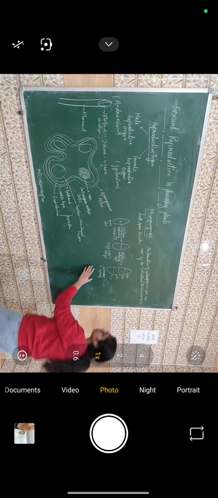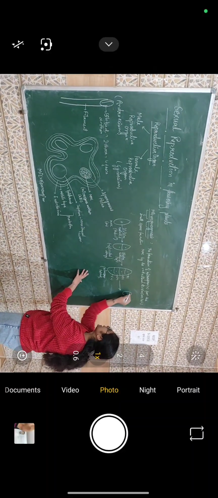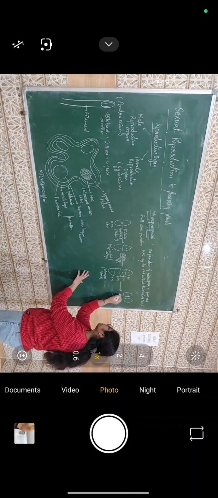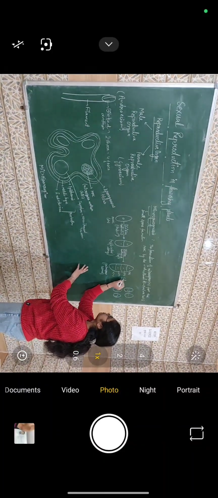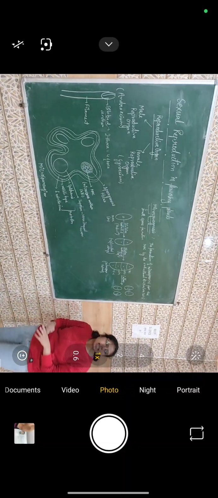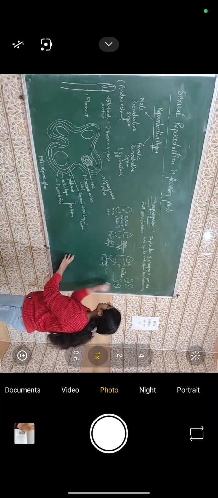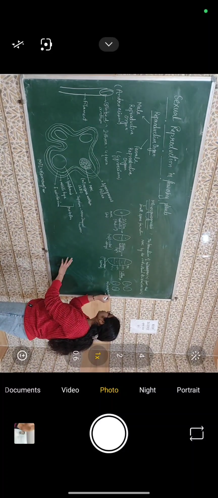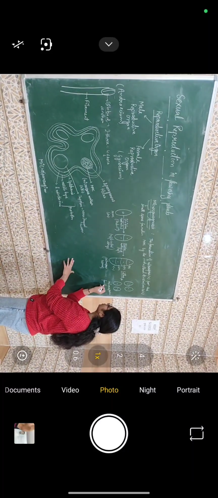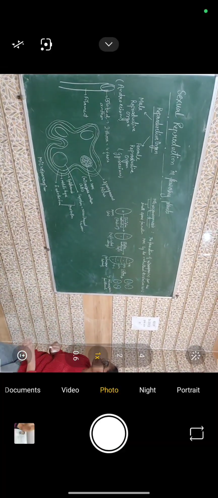So basically all these microspore tetrads will get detached from each other by an enzyme known as callase enzyme. This callase enzyme will help to dissociate all these microspores. So basically these are the four microspores, and these four microspores are functional microspores.